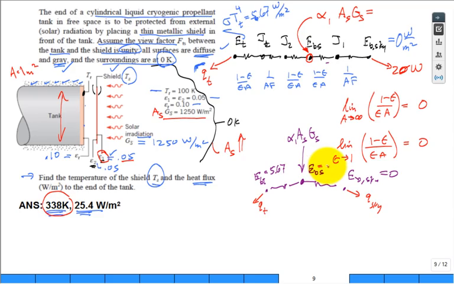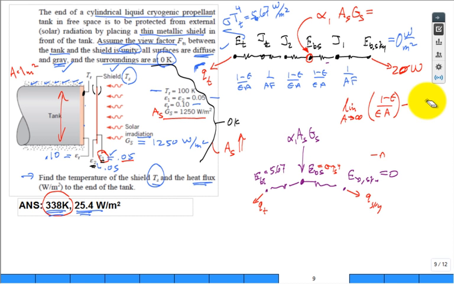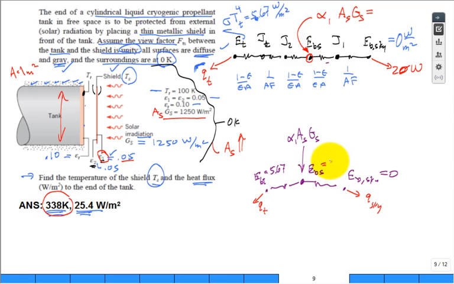This is sigma temperature of the shield to the 4th power, isn't it? Get rid of some of this junk here. Isn't it? Sigma temperature of the shield to the 4th. So if I could get EB of the shield I could then get temperature of the shield. How am I going to do that?